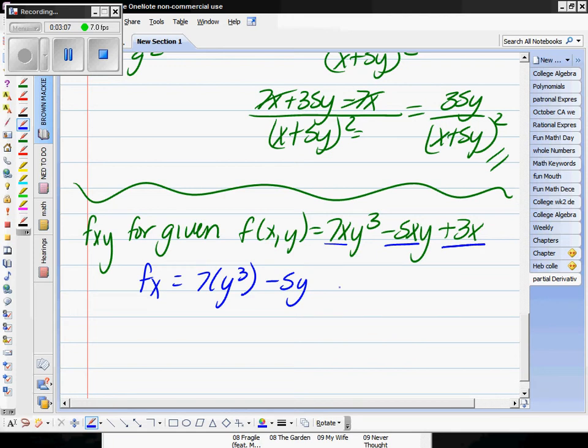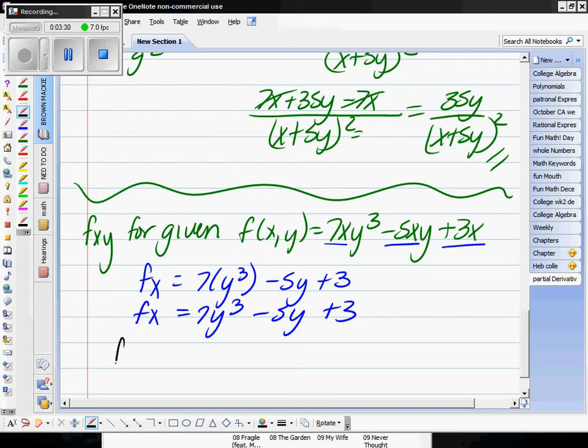And the derivative of 3x is just plus 3. Let me clean this up a little bit. This will give you 7y cubed minus 5y plus 3.